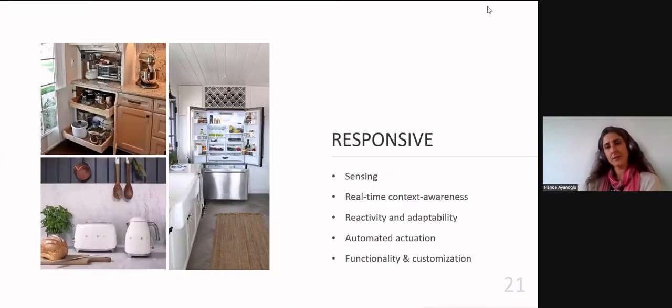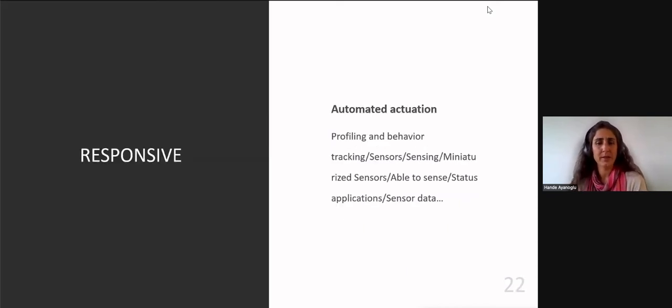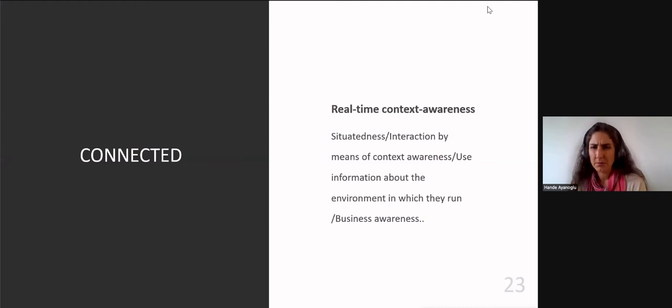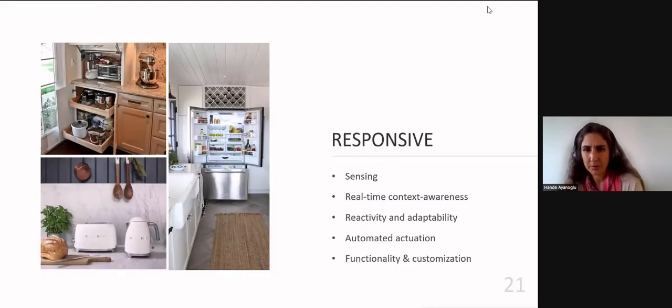There are also responsive products, so they can sense. They also have real-time context awareness. They have reactivity and adaptability, automated actuation, functionality, and customization. I will also detail these. I'm sorry, but I just keep expanding.